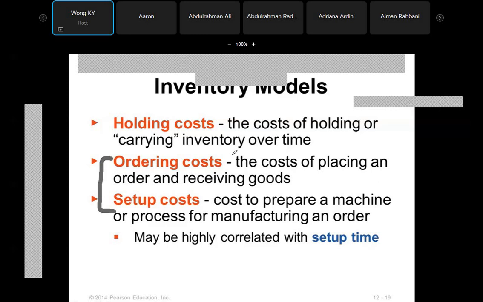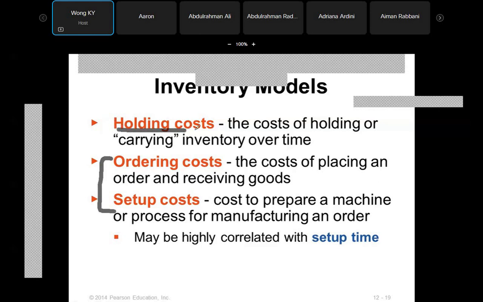It depends whether the company makes the raw material in-house or purchases it from the supplier. I hope this is clear. Because later the textbook uses these two terms interchangeably. Sometimes I call it setup cost, sometimes I call it ordering cost. So I'm worried that you get confused because these are two different costs. But they are treated similarly because it depends on what the company practice is. I hope that is clear.